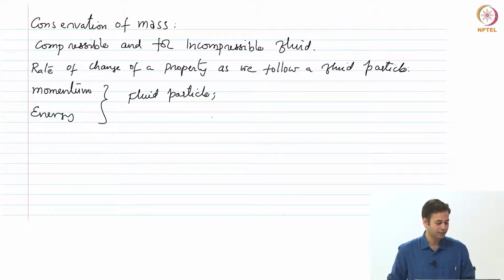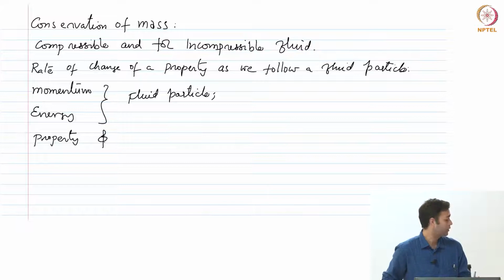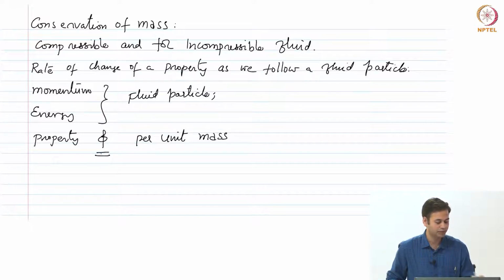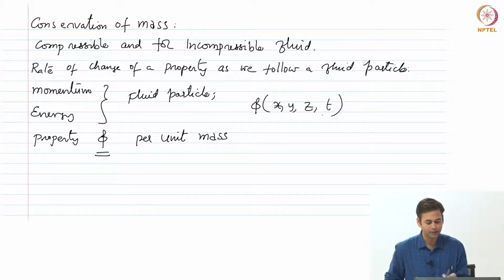Now, let us think of a particular property of a fluid which we represent with phi, and this property is per unit mass. This property phi is of course a function of both the particle position, that is x, y, z, as well as time.